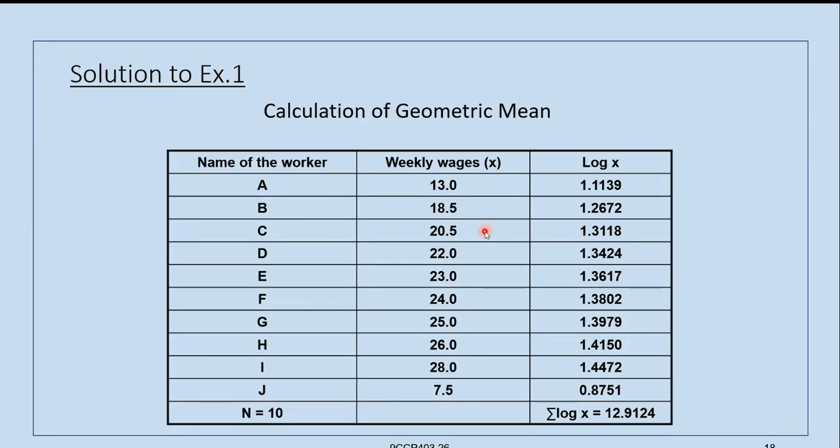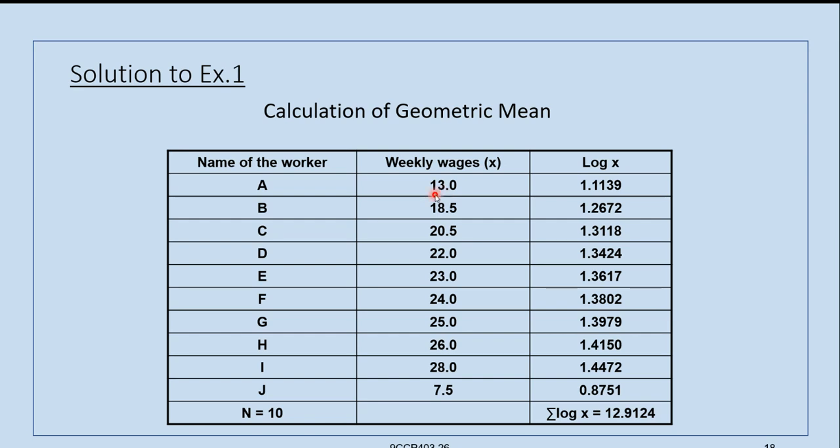Going to the solution, n is equal to 10. For weekly wages, we will take logarithms. The logarithm of 13 is 1.1139. As I explained to you, the characteristic of numbers given before the decimal is the number of digits minus 1.